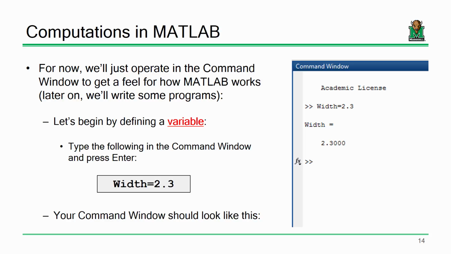And so anytime you're typing in a formula, you could use the word width instead of having to remember the location of where that number was. And so the same kind of usefulness is true here. You don't want to remember what exactly the width number was, but you just want some number to be assigned to the variable width. And so try that out. Try assigning a variable width equals 2.3, and then when you do that, it should end up in the command window like you can see.